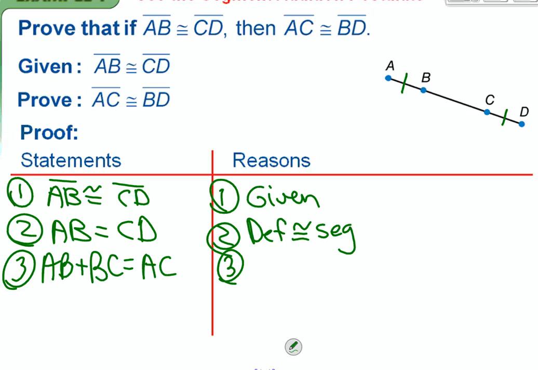It's on this handout for this section. And what is that called? The segment addition postulate. And notice I'm doing a little bit of abbreviating as I go.